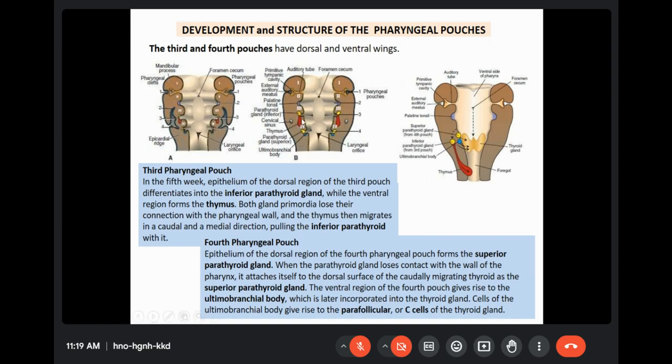The thymus is the organ where T lymphocytes develop. So these structures develop from the third pharyngeal pouch.